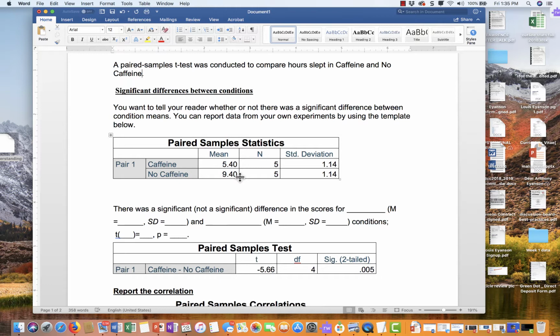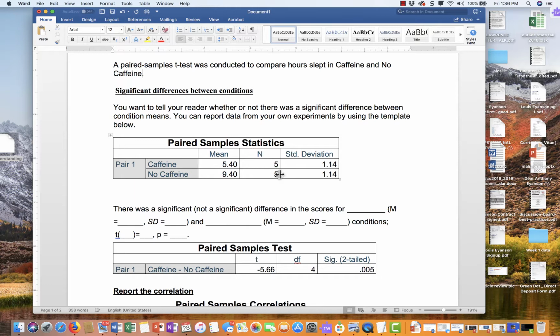Just looking at it, the hours slept for no caffeine was 9.40, and for caffeine is 5.40. So the question will be, what does that mean? It means that people who drank no caffeine had more sleep than those who did. Your conclusion comes right from those two mean numbers right there.